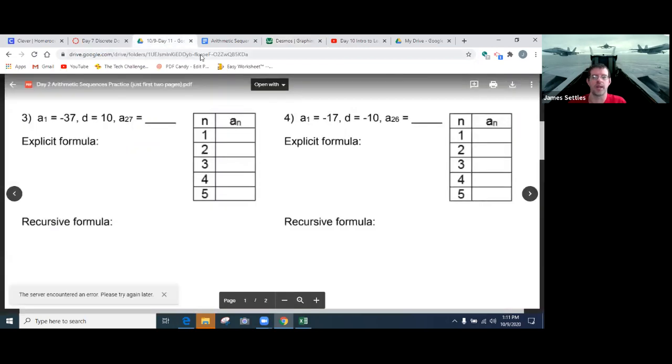So let's go back. All right, so we got 1 was negative 37, 2 was negative 27, negative 17, 4 would be negative 7, and then 5 is 3.